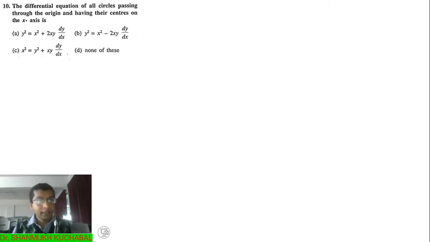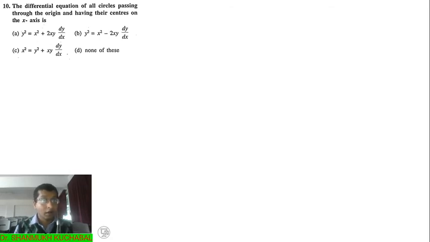Next, example number 10, the differential equation of all circles passing through the origin and having their centers on the x-axis is. So first we have to write an equation for this.